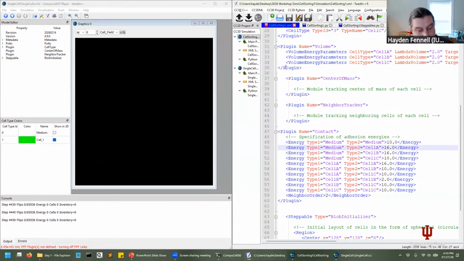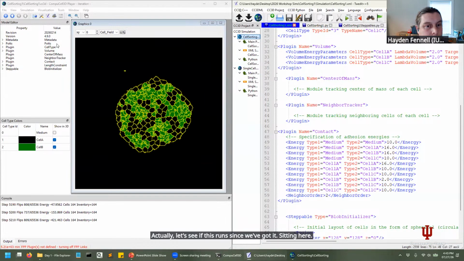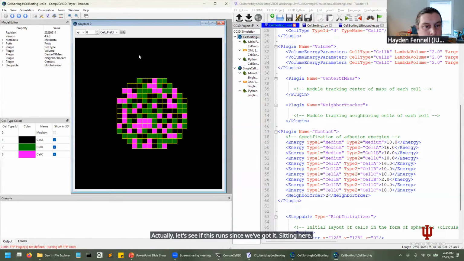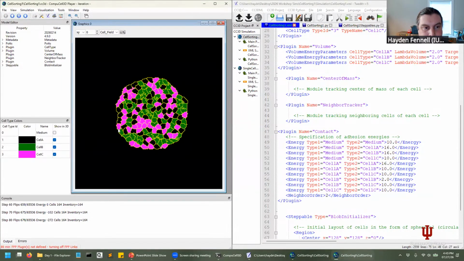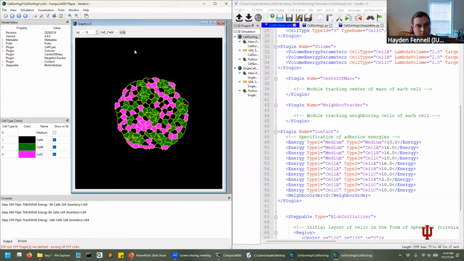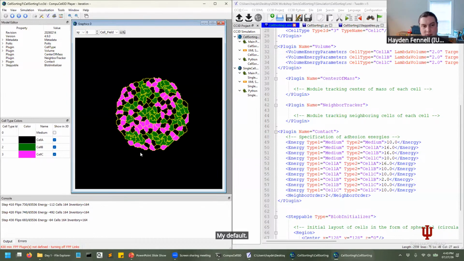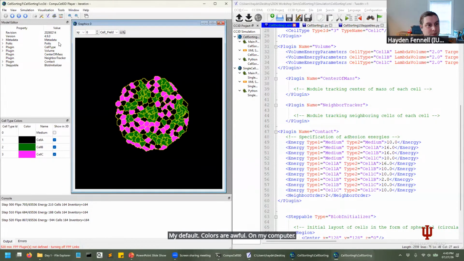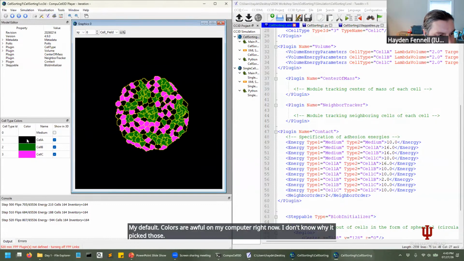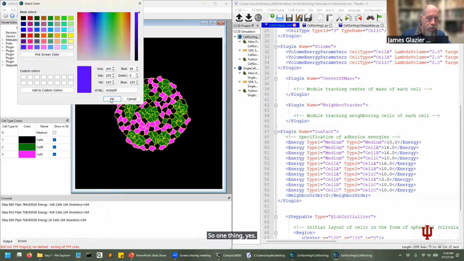So let's see if this runs since we've got it sitting here. Yep. My default colors are awful on my computer right now. I don't know why it picked those. So one thing, yes, you could change the colors there.